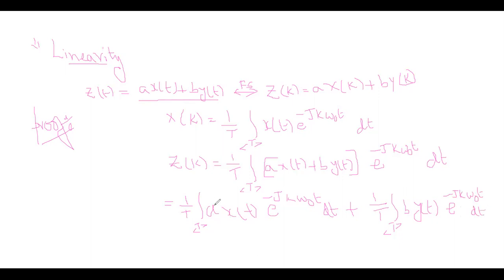Alright. So here a is a constant and b is also a constant. You can write it as a into 1 by T as a multiplication factor, integral over T, x of t e power minus jk omega naught t dt, plus b, and here I am taking b as common, b whole multiplied with 1 by T integral over T y of t e power minus jk omega naught t dt.